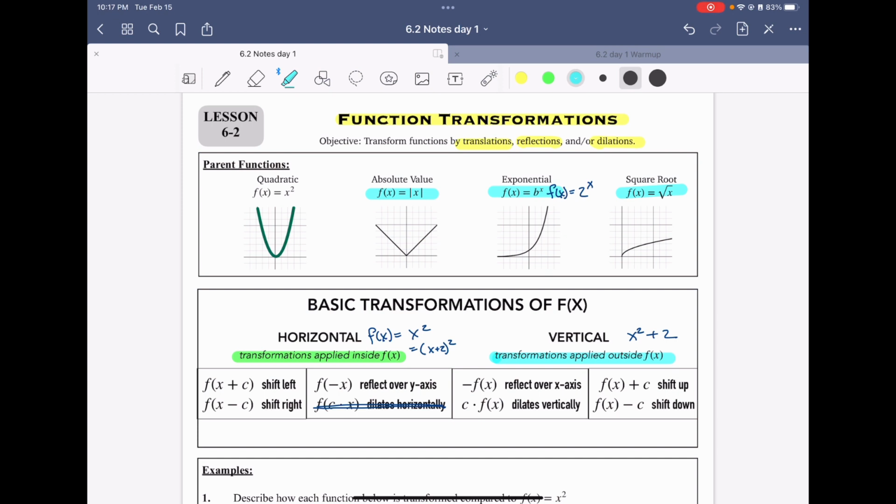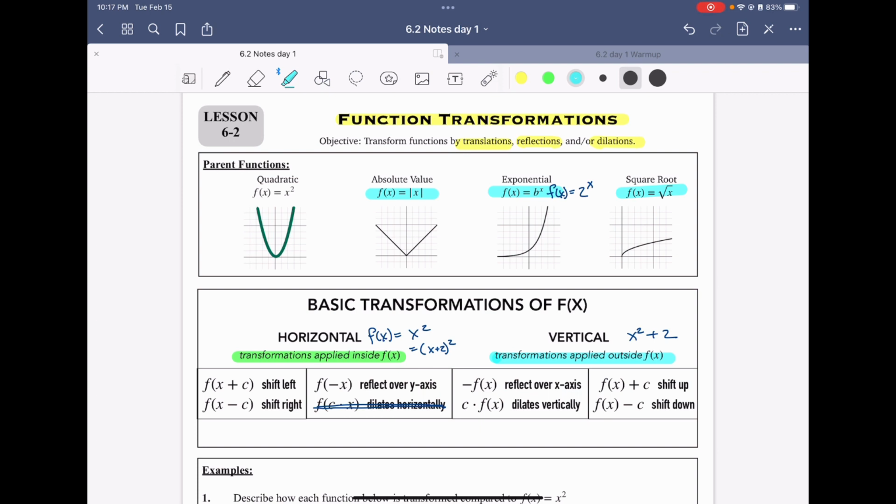So one difference with these types than the quadratic is what it means to be inside the function versus outside the function. In your practice, you probably got used to inside the function meaning inside parentheses, and that's not always going to look the same for these 3 other types.